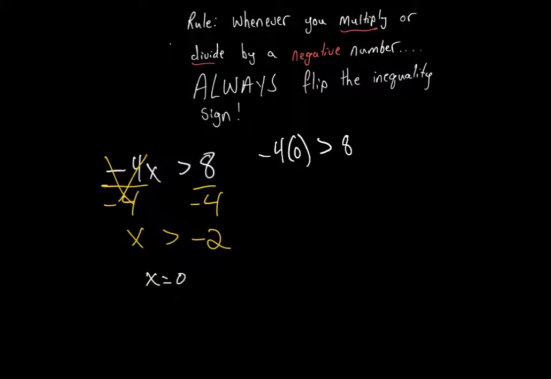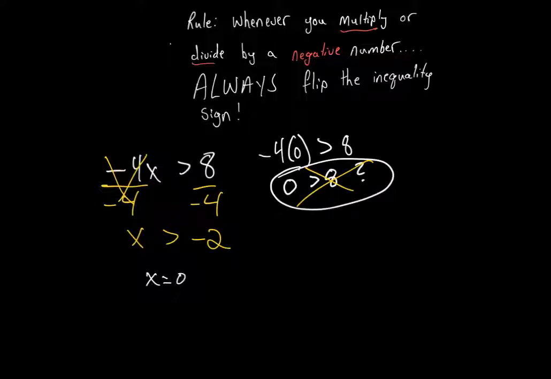Now let's solve this and you'll see what happens. Negative 4 times 0 is 0. And you have 0 is greater than 8. Is that true? Of course not. Okay? This is wrong. 0 is not greater than 8.